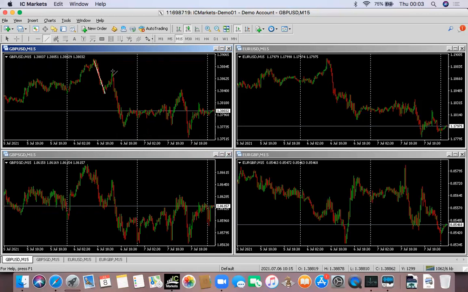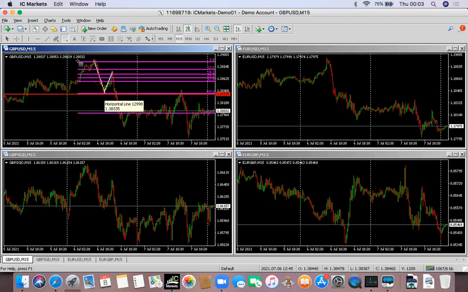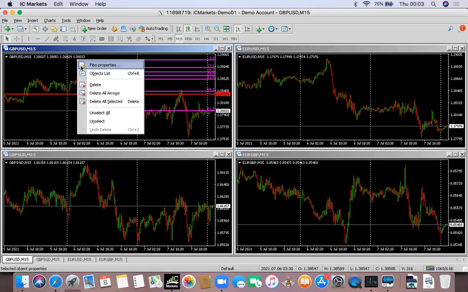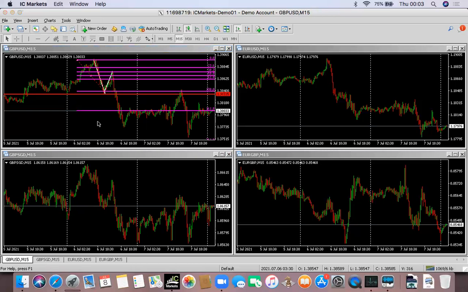So this will be your low on the impulse, and this is the high. Some people usually use the Fibonacci tool. You could also add some other things to the strategy if you wish. But basically, this is just what I look at.